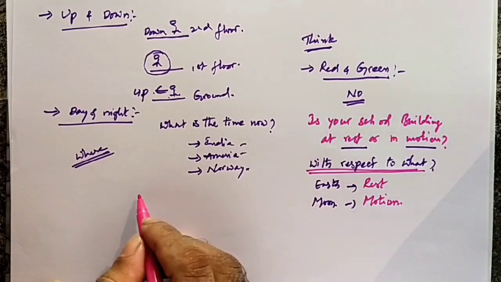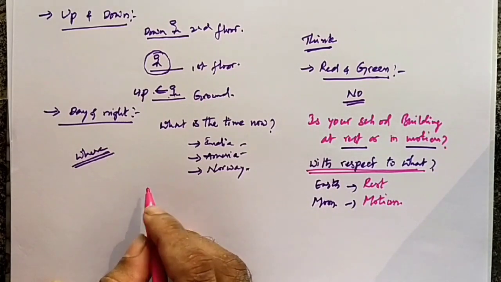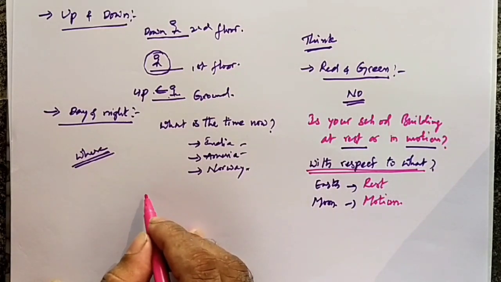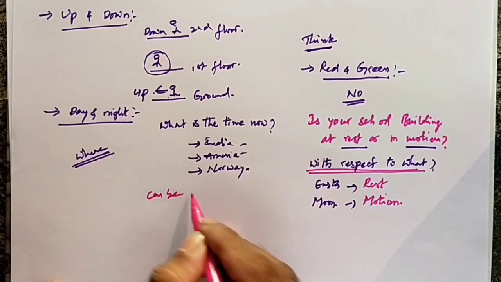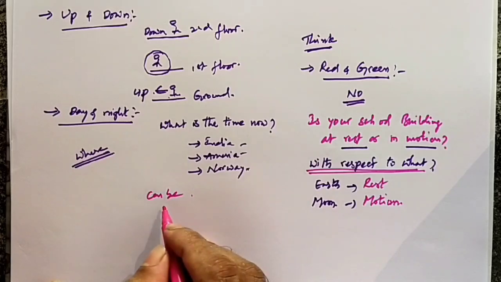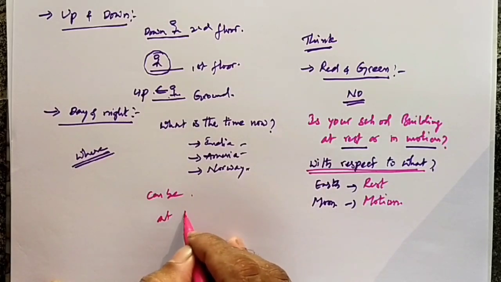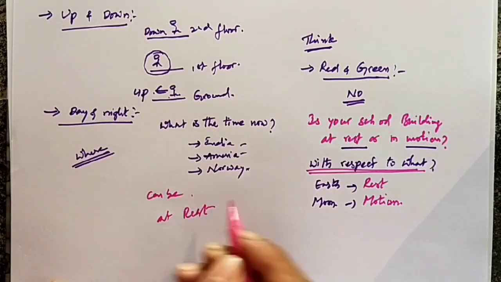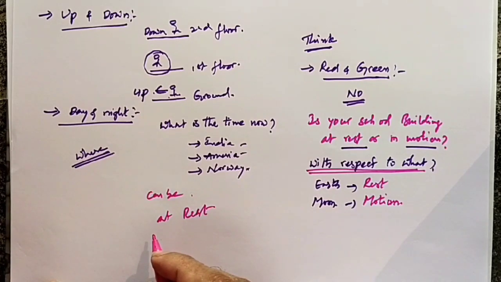So an object can be in motion with respect to one surroundings, and the same object can be at rest with respect to another surroundings. Did you get my point?